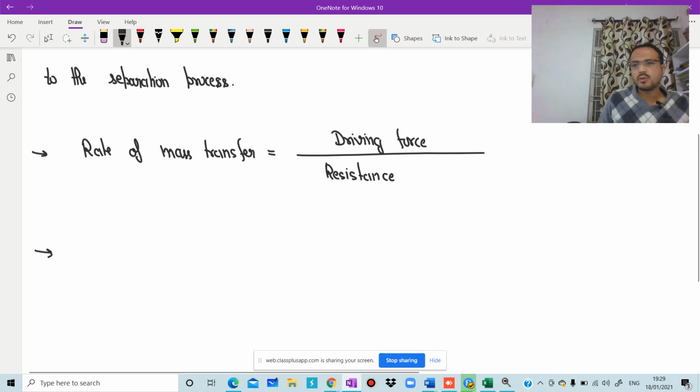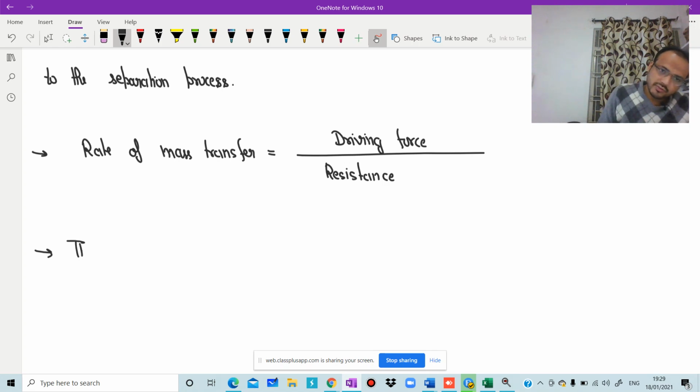There are total four factors which will affect all the processes in mass transfer operation.